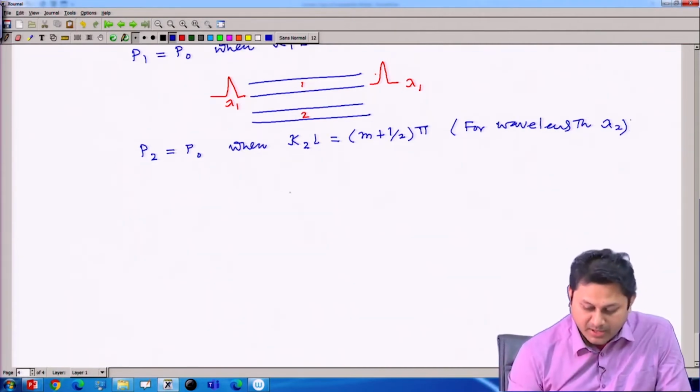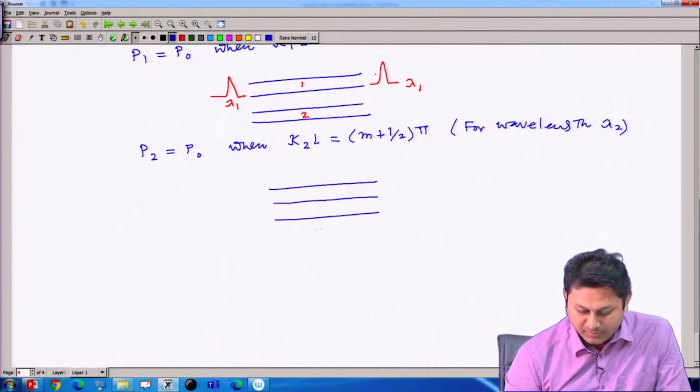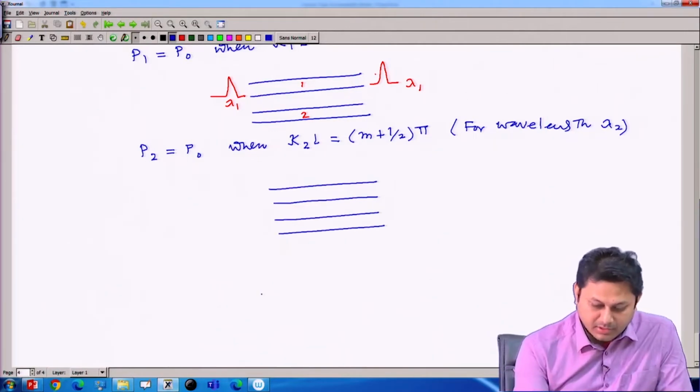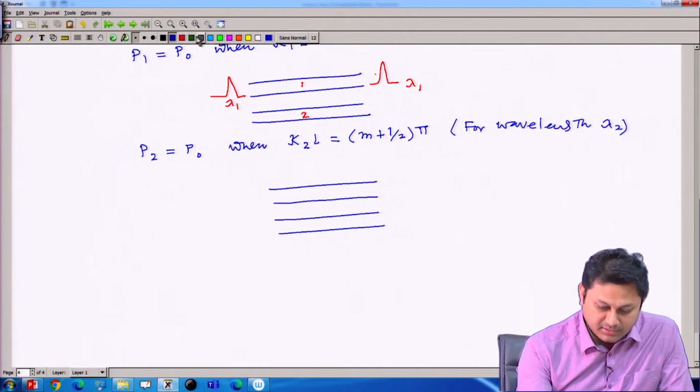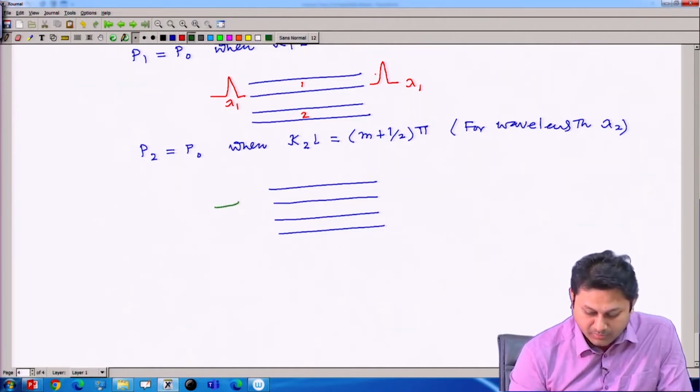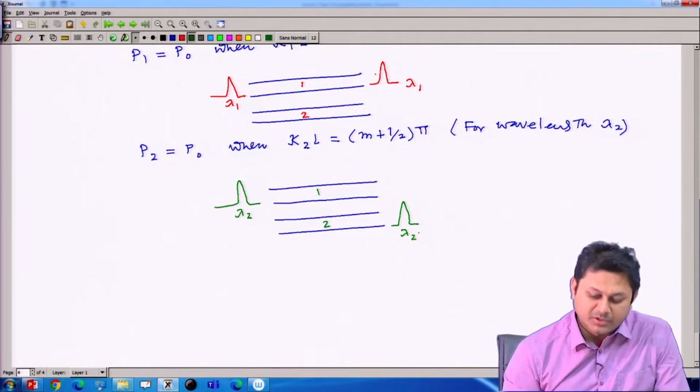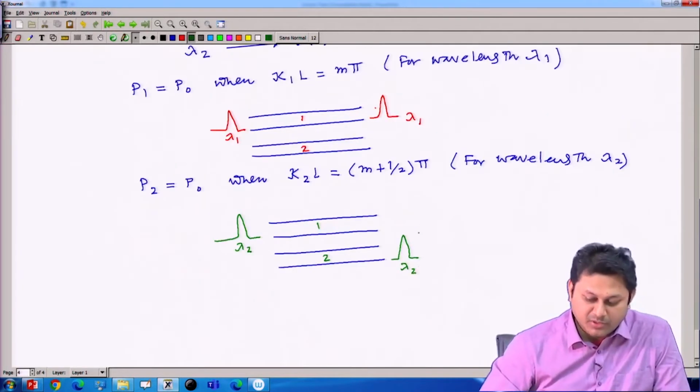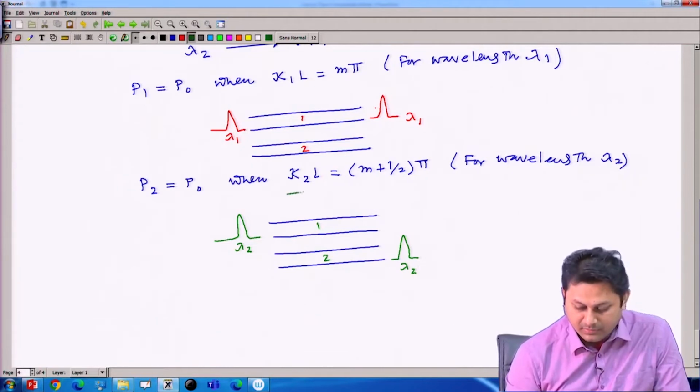So, what happens for lambda 2? This is the waveguide we have. I launch lambda 2 here in waveguide 1, but this lambda 2 will come here. This is 1, this is 2. I want lambda 2 in branch 2. If I want lambda 2 at branch 2, this condition has to be followed.